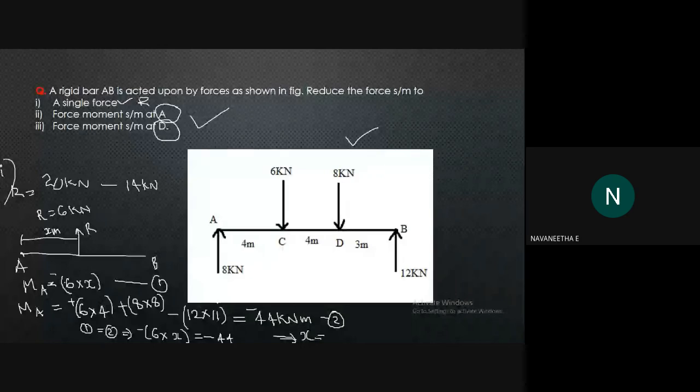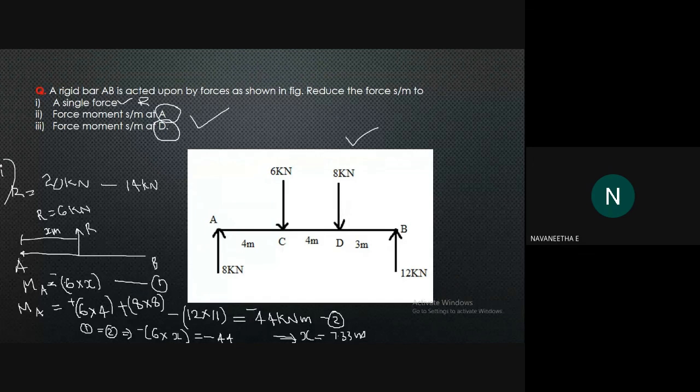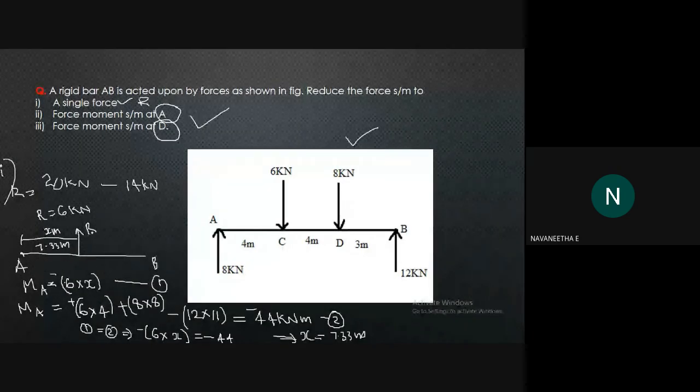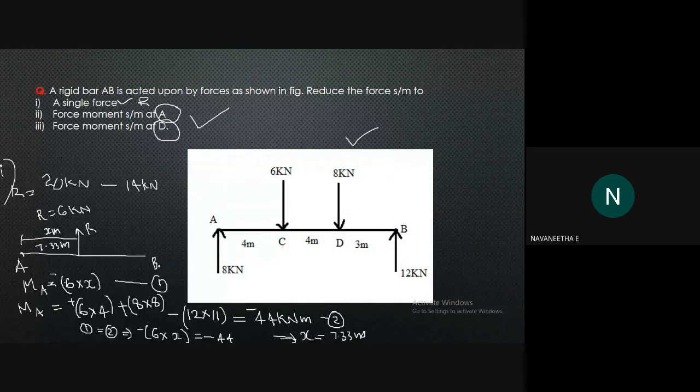That means 7.33 meter from A. That is, our resultant R is acting in the upward direction at a distance of 7.33 meter from A. Okay, so here you can write 7.33 meter. So now we have found the distance of R, where our resultant force is acting in beam AB. Okay, so this is the resultant.